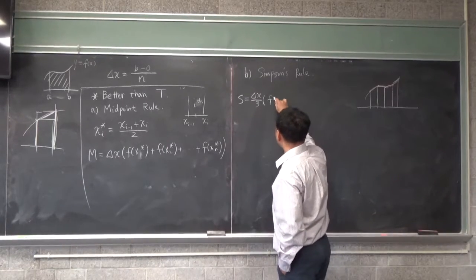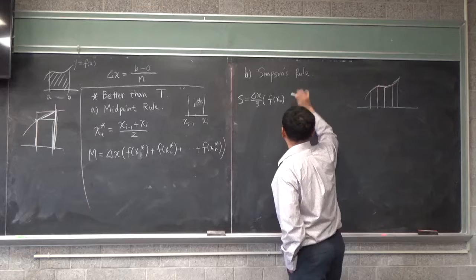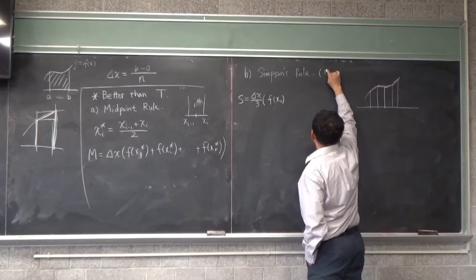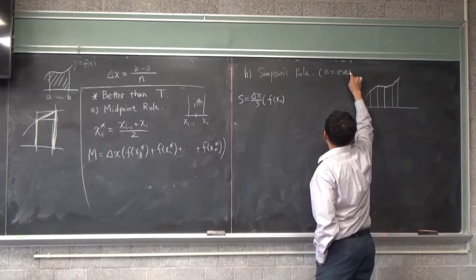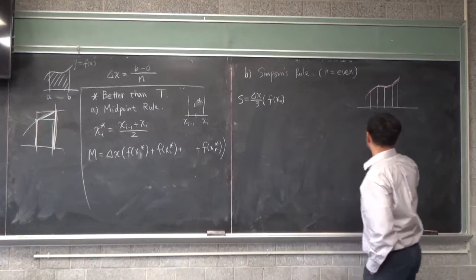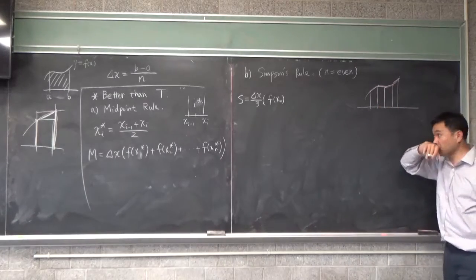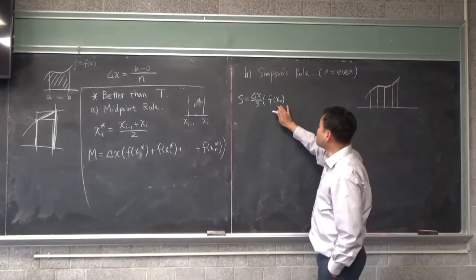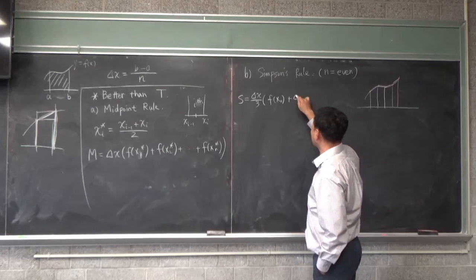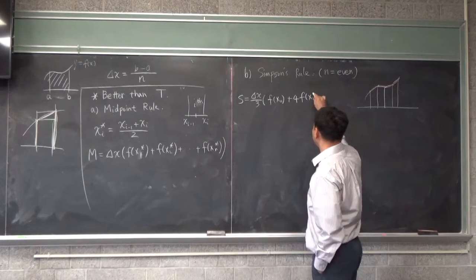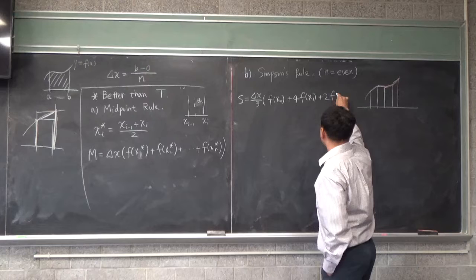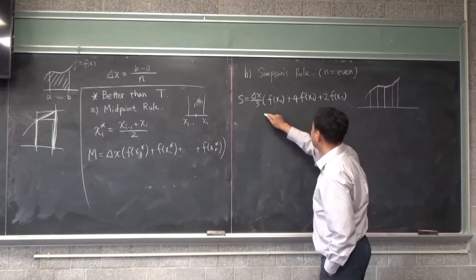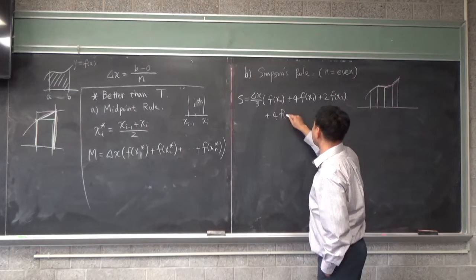The very first one, and by the way, this is only possible when n is even, because you're using pairs of numbers. The very first is f of x0, and then 4 times f of x1, plus 2 times f of x2, plus 4 times f of x3.